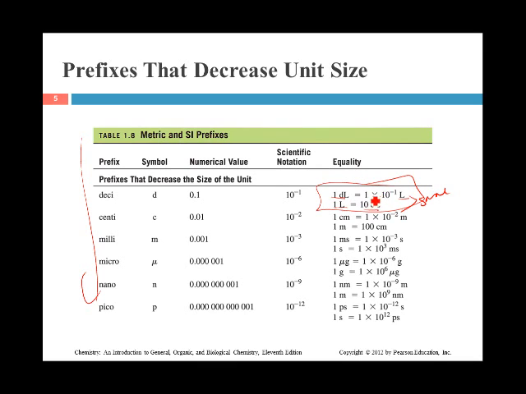Okay, so if it's 1 times 10 to the negative 1, that means if we took that out of scientific notation, it would be 0.1 liters. If you put 1 divided by 10 in your calculator, you will find that it equals 0.1.